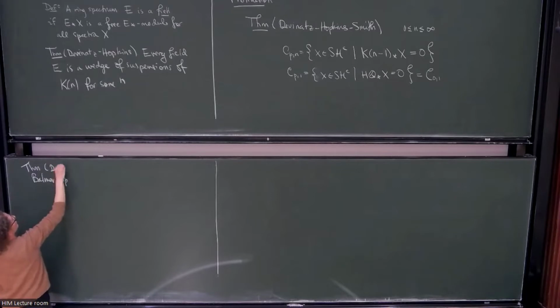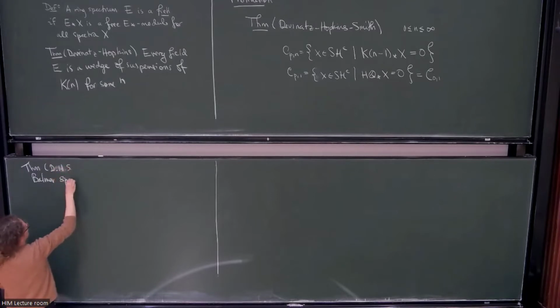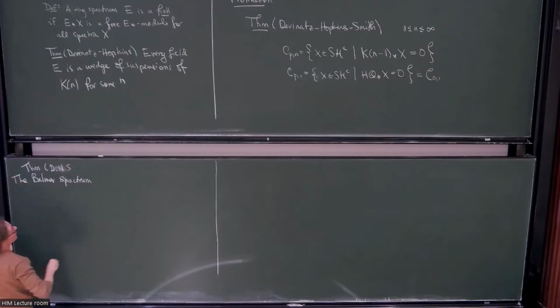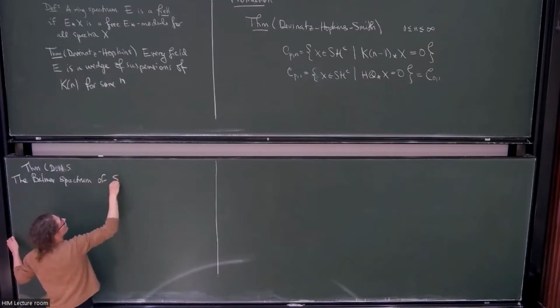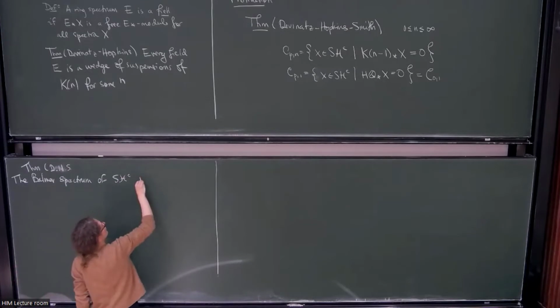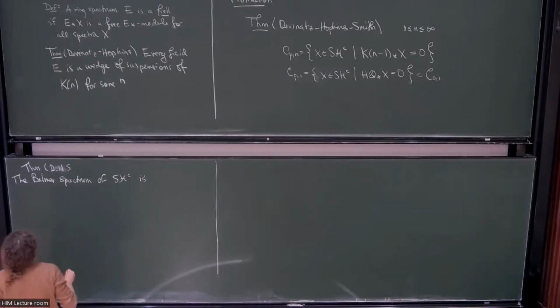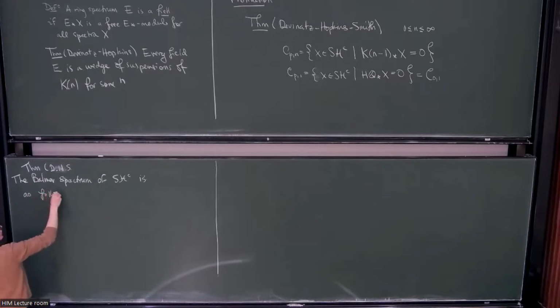Let me just do pass, and back in the day it wasn't called the Balmer spectrum, but now people call it the Balmer spectrum of SHC, as follows. So I'm going to draw a picture, and the picture will contain more information even than before.